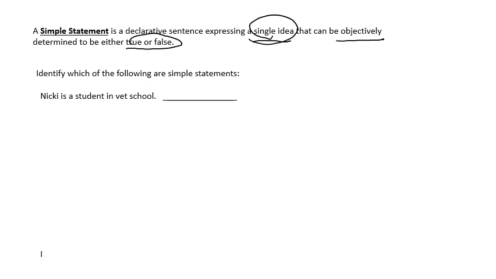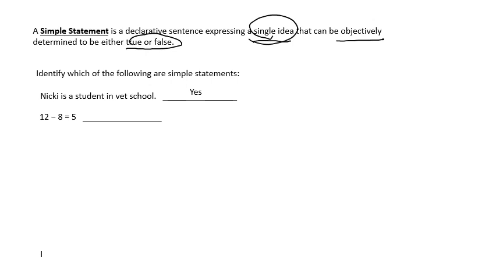Pause the video, answer it, then play the video. Nikki is a student in vet school. Well, this is a single idea, and it's either going to be true or false. She's either in vet school or not in vet school. So yes.